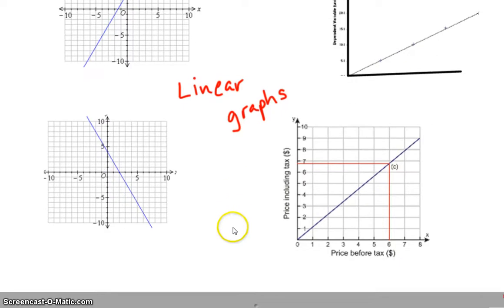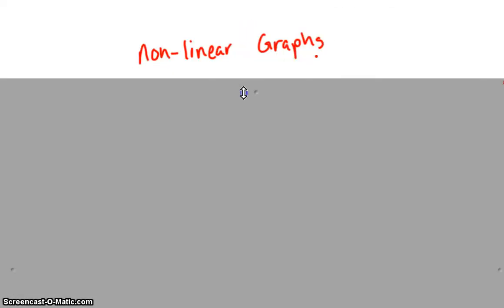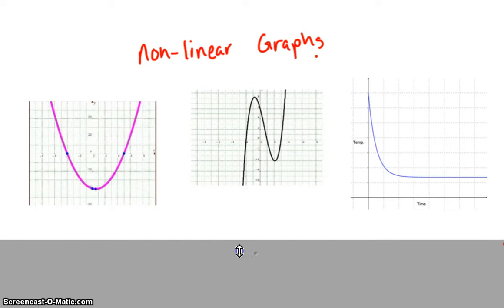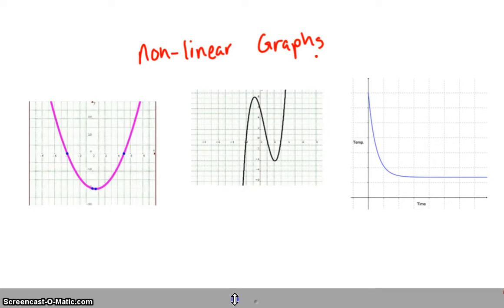Okay, now let's go on to some nonlinear equations, or nonlinear graphs. Nonlinear graphs are called nonlinear because they show a relationship between independent and dependent variables that do not form a straight line. For example, this might show the amount of income that we would make based upon the price that we charge for a bicycle tour.